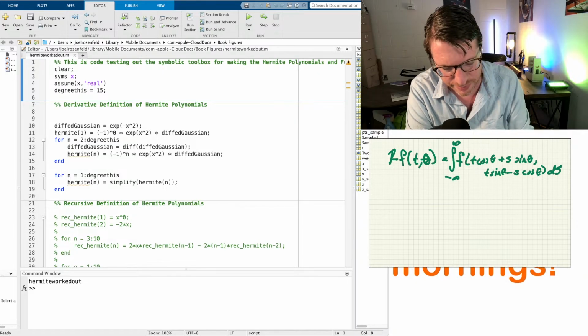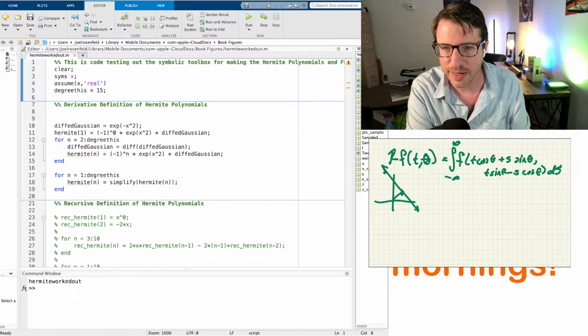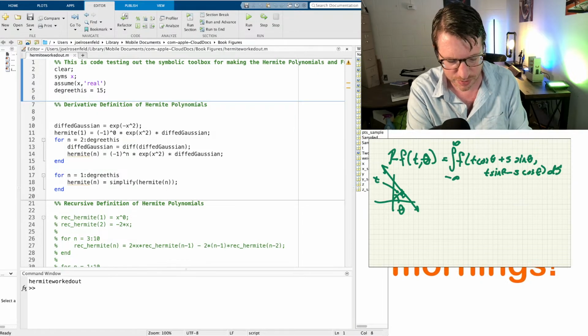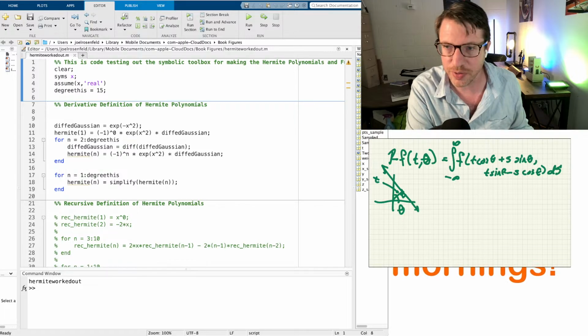So essentially you take a function and a line and integrate along this line. This angle here is theta, and this length here is t. There is a right angle between them, and you integrate over that line.